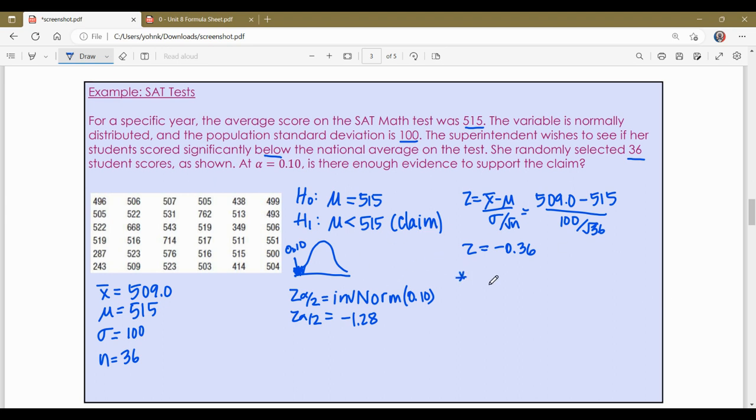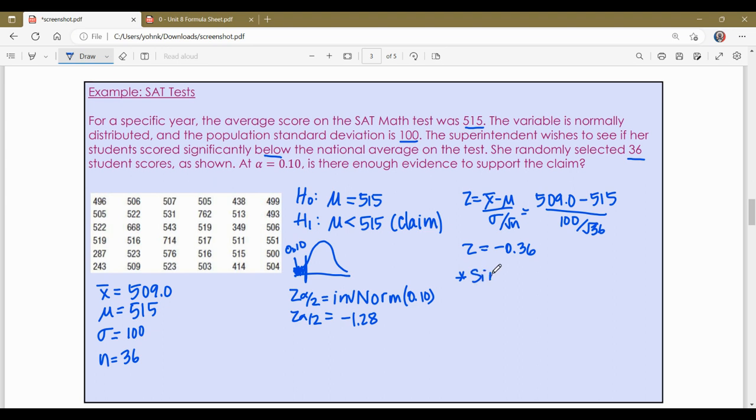Okay, so now we have to figure out if our test statistic is in the critical or non-critical region. So let's see, here's the cutoff, which is negative 1.28. Negative 0.36 would be to the right, which means it's in the non-shaded region.